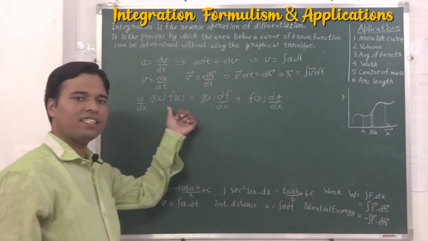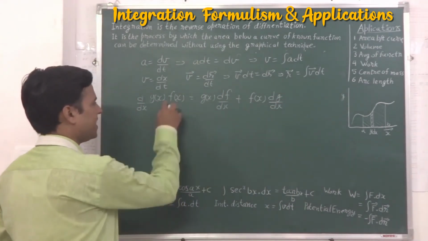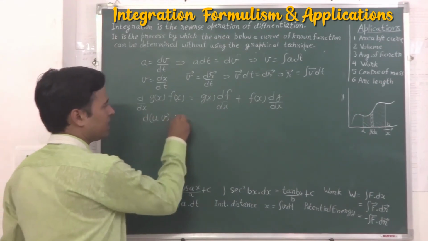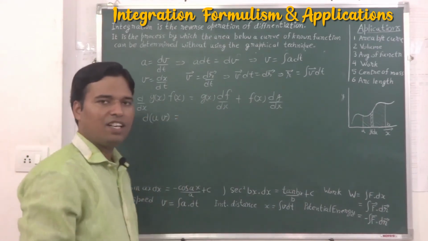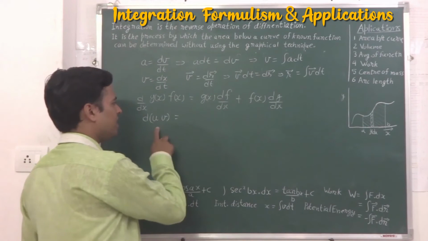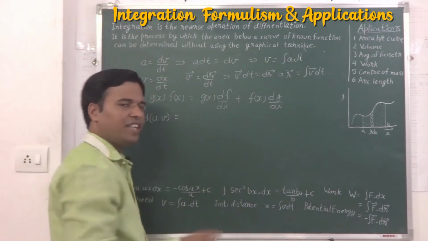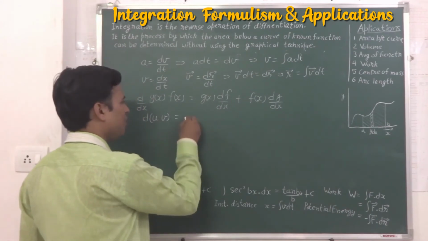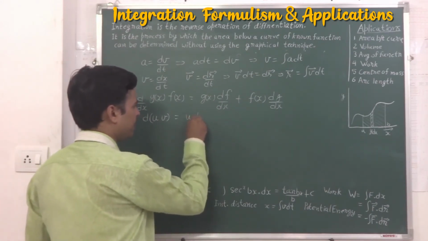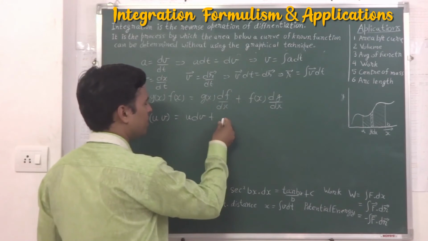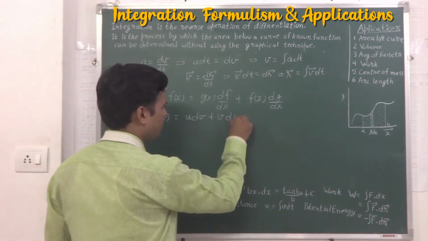You can write g(x) as u and f(x) as v. Then you will use the new notation. Don't write this lower part dx. We can write it as u dv plus v du.